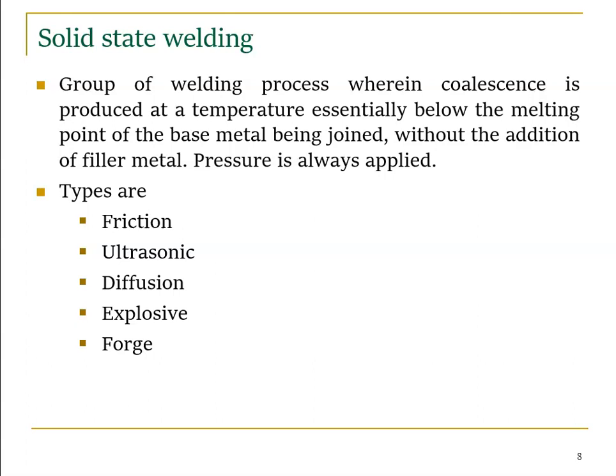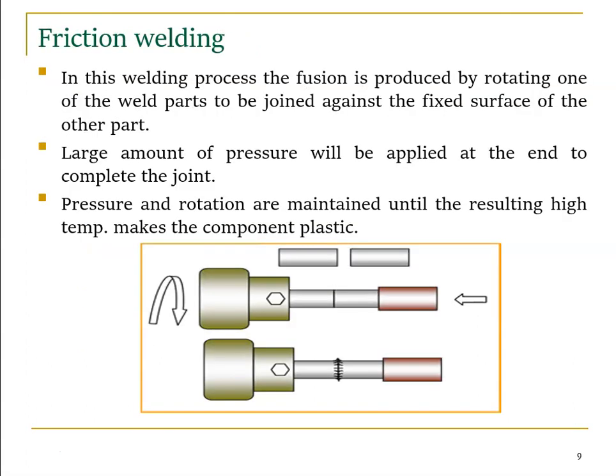So there are many types. One is friction, ultrasonic, diffusion, explosive, and then forge welding. So we will see them one by one. The first one is friction welding. We know that friction means if two parts collide, or if two parts meet, definitely friction will be created. Normally in all machining processes friction will occur. This friction may generate heat.